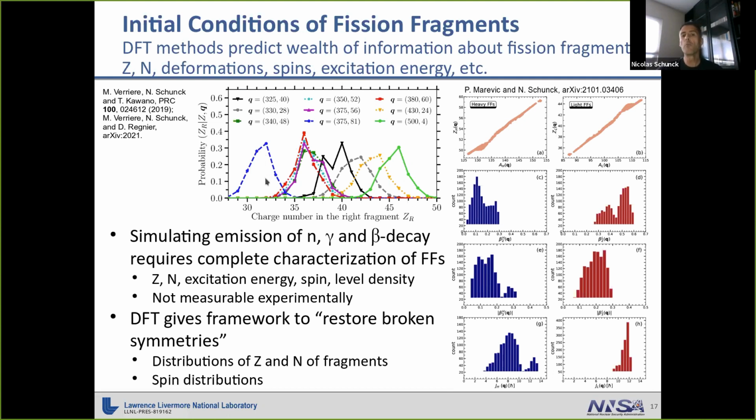So this gives you a more refined estimate of how many particles really are in the fragment. And then on the right is an application of similar techniques to calculate the spin of the fission fragment. In fact, each fragment has an average spin, but it also has a spin distribution. And we can use DFT methods, a particular extension of them called projection techniques, to extract this information and feed that information to the codes that will de-excite the fragments.